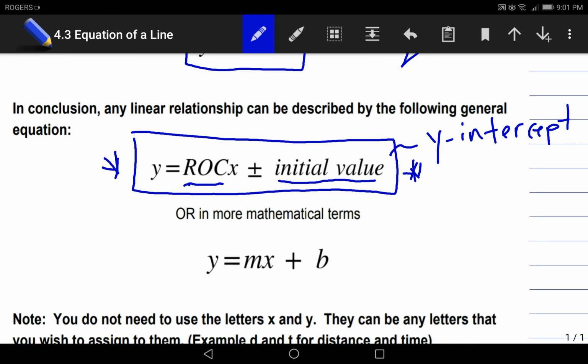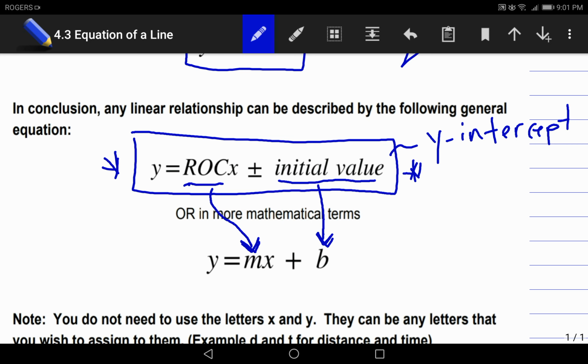Instead, the mathematicians have come up with these letters to use instead of it. So instead of writing ROC, they call the slope m, or the rate of change m. And instead of using initial value, they called that the letter b. All right, those are just the letters mathematicians came up with.